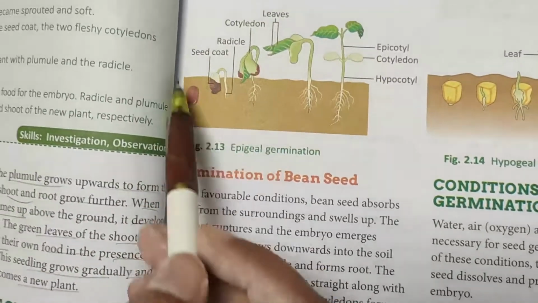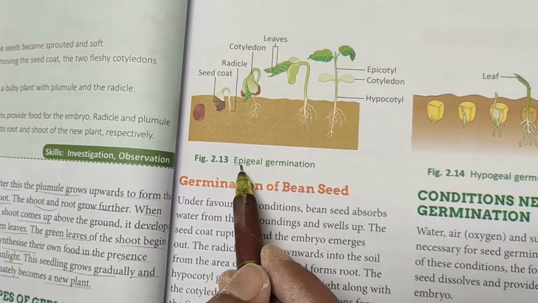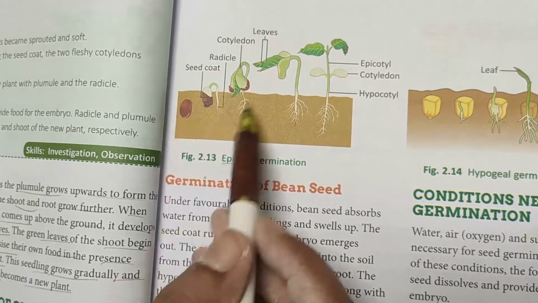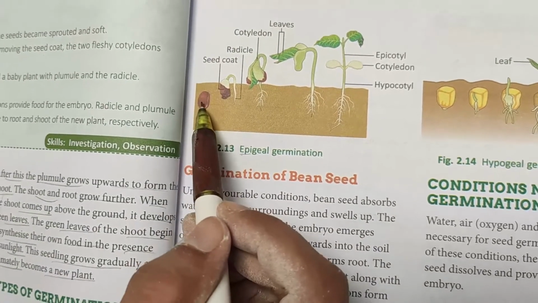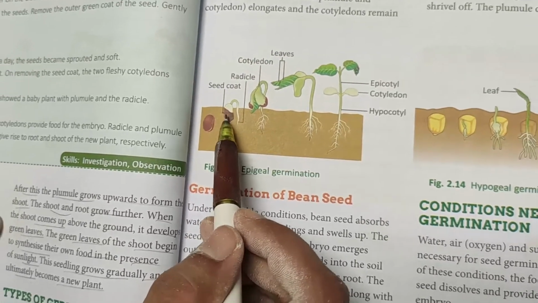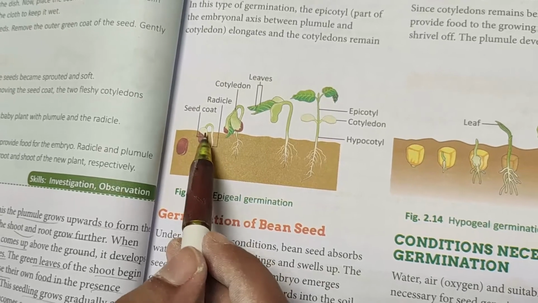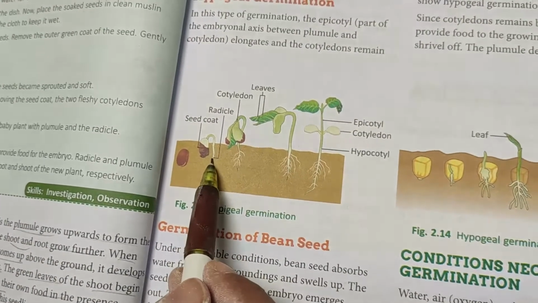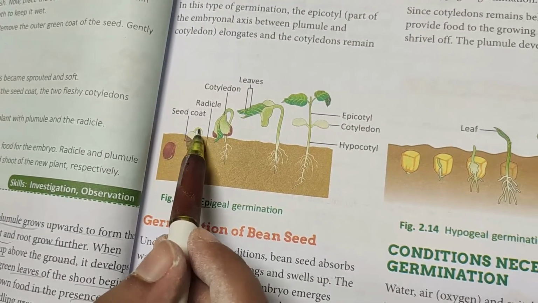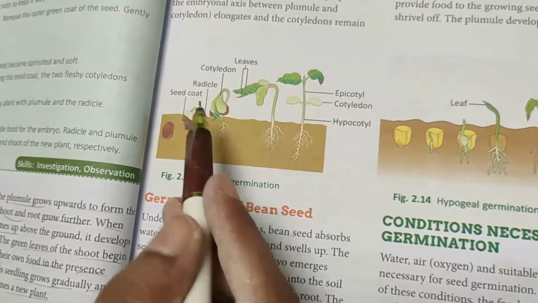Now see, this is the epigeal type of germination. Epi means above. This is a bean seed. You will see that the seed is sown here, then water is given. The seed will soak water, and it will rupture the seed coat, and it will start to grow. See, this is the root part. The radicle will grow into the root, and this is going to develop into a shoot. This is the hypocotyl. So what will happen?